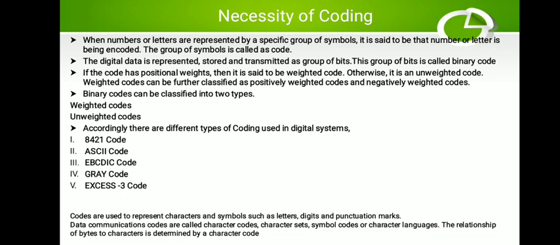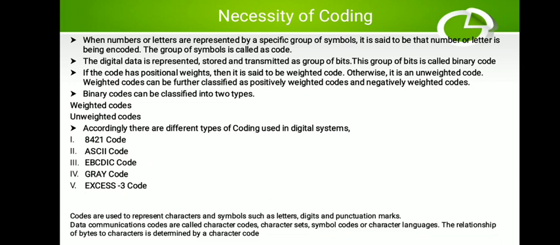Now this number of bits also decides how many different combinations we can have. Suppose we have 4 bits, then how many combinations will we have? 2 raised to 4, since there are 4 digits, and 2 raised to 4 is equal to 16. So a total of 0 to 15 states, that is, 16 different combination codes, can be made available to a user or the machine.